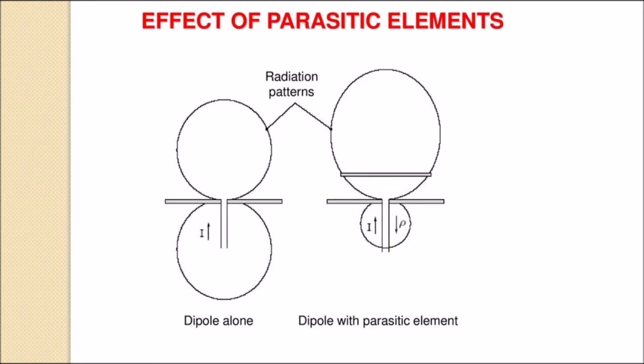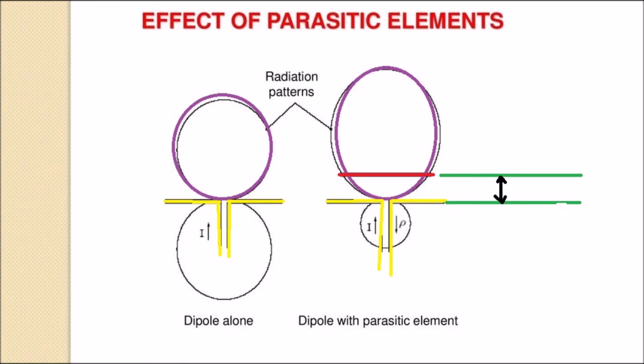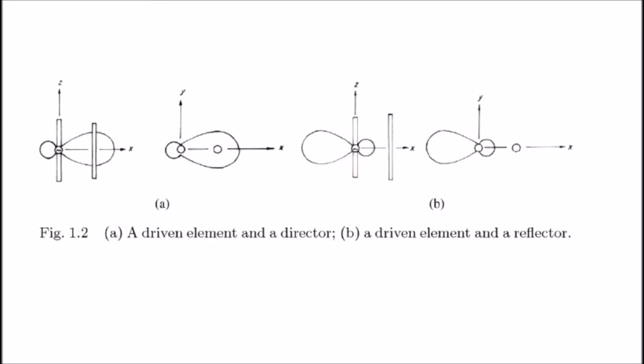The total radiation is the sum of the driven and the parasitic elements. By suitably choosing the length and spacing of the latter, it can act either as a reflector, enhancing radiation in the direction of the dipole, or as a director, enhancing radiation in its own direction. Illustrated thus.